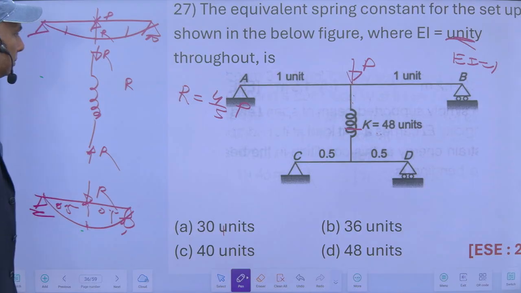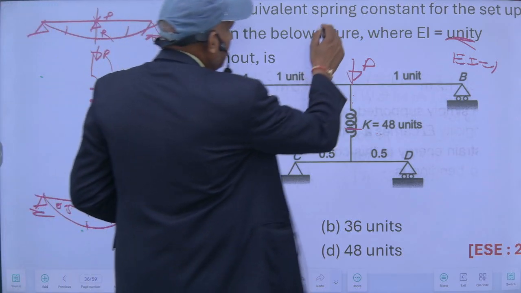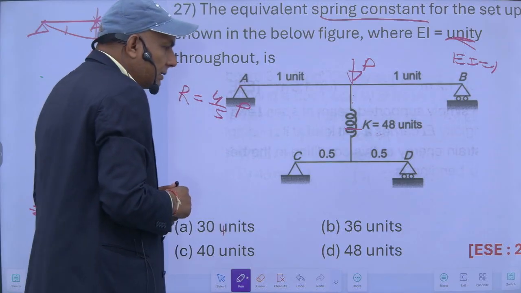So this R is equal to this one, and the equivalent spring constant.